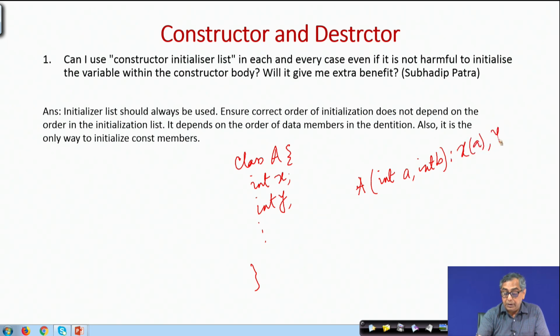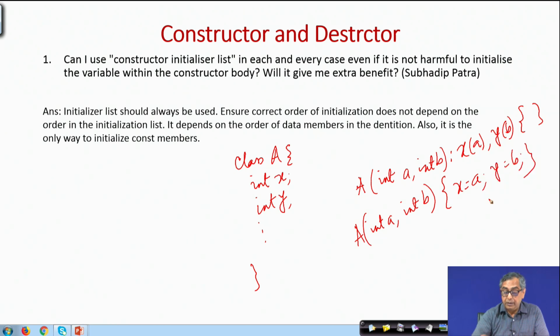I can use the initializer list, or I can do nothing here and then make assignments in the body. Now, the initializer list is always preferred; this is not the way to do it.